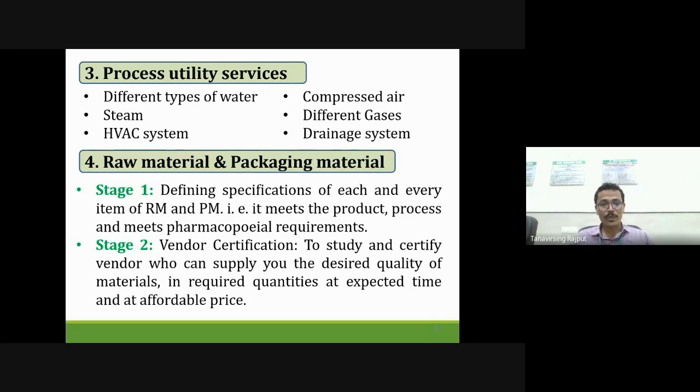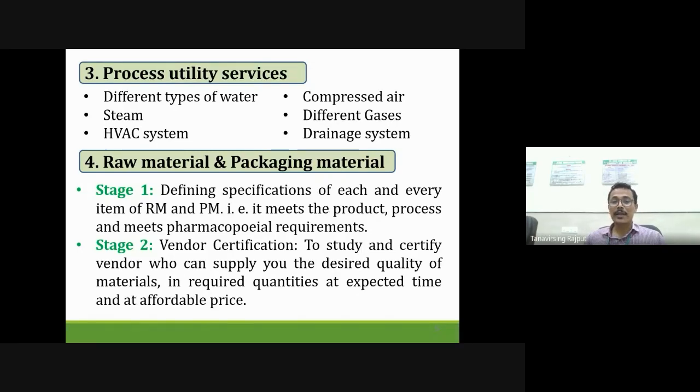In stage 2, vendor certification, we study and certify who can supply the desired quality of material in required quantities at the expected time and at an affordable price. In this vendor certification, 3 points are important. First, we require quality material.